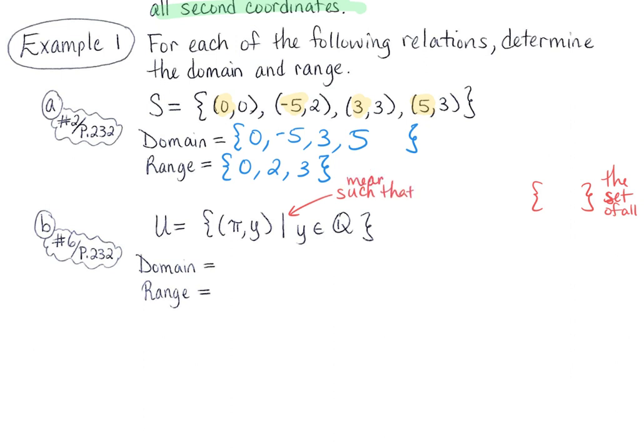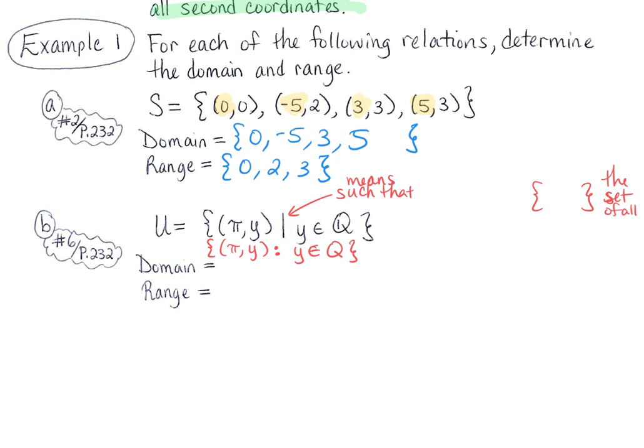Some people will write (pi, y) and use the colon, not a semicolon, just a colon, to mean such that. Some people will use this instead of a bar. I tend to use the bar.